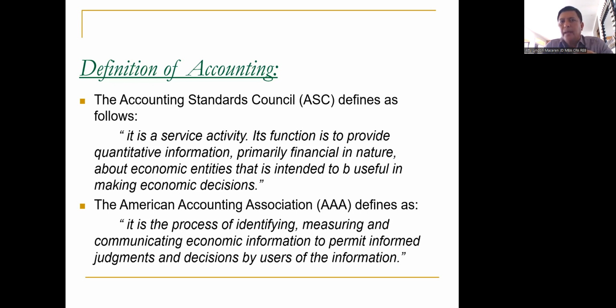And what is being identified, measured, or communicated is the economic information, meaning the results of the business operations. And what is the purpose? In order that the users of this information can make informed judgments, meaning better judgments and decisions.